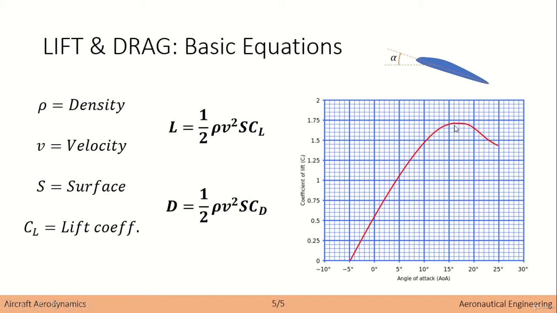But usually you will have a coefficient of lift around 0.5 to 1.5, depending on the configuration and the conditions of the cruise flight. 5 degrees angle of attack is quite typical for a normal cruising flight.